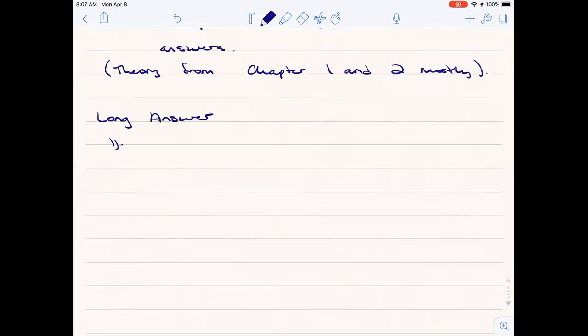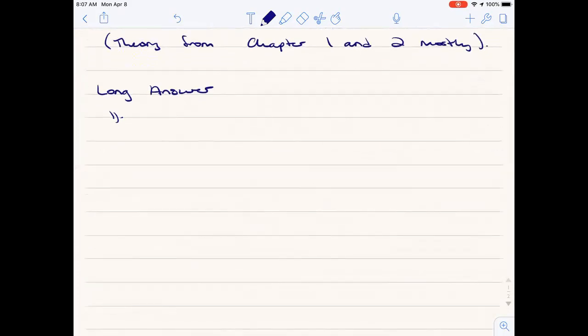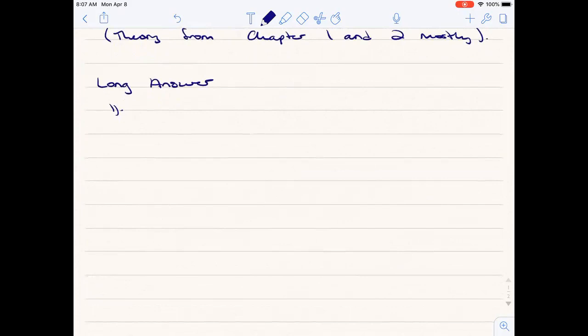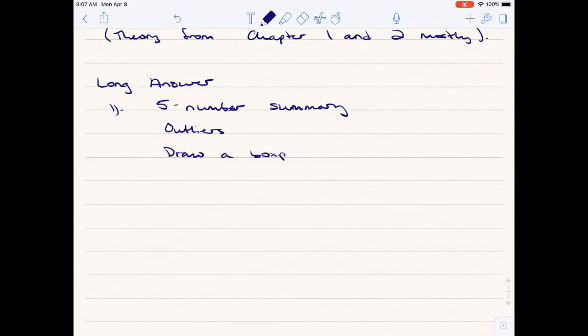So we're just going to have to roll with the punches. But we'll draw a box plot today, and you'll see we did one or two even in class, so they're not that bad. It's going to be a 5-number summary, find any outliers, and draw a box plot.